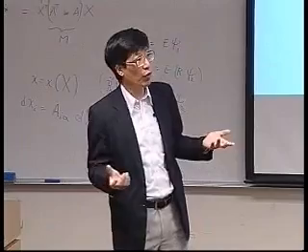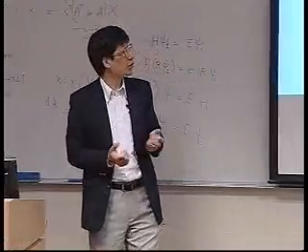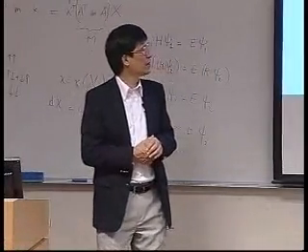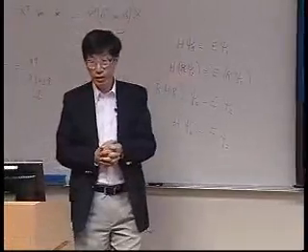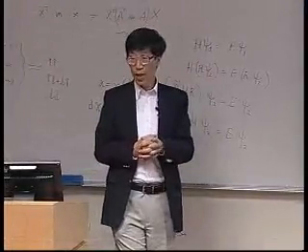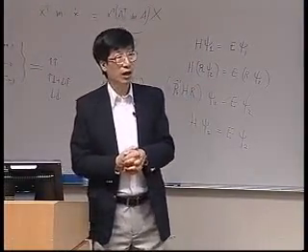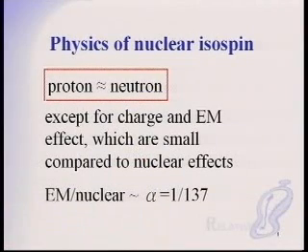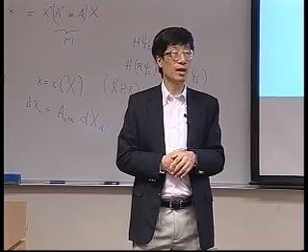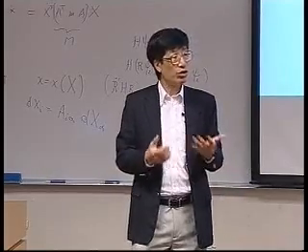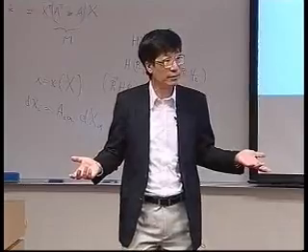If I don't worry about the electromagnetic interaction, charge is irrelevant, and the electromagnetic interaction is actually rather small compared to nuclear effects. The typical order of magnitude is related to the fine structure constant, 1 over 137. So at the 1% level, you can ignore EM effects. And if I ignore EM effects, the proton and the neutron seem to be the same. Okay?